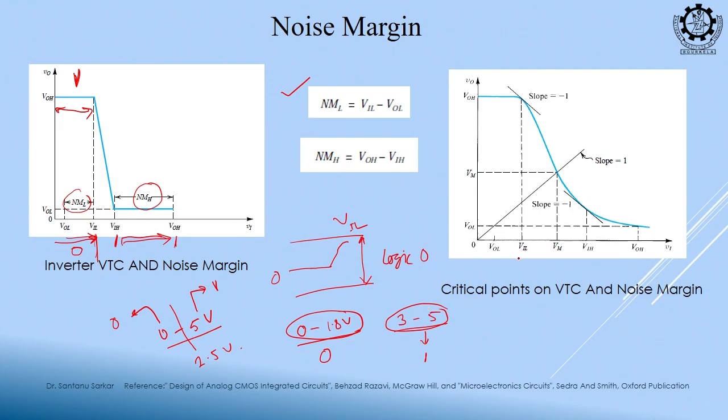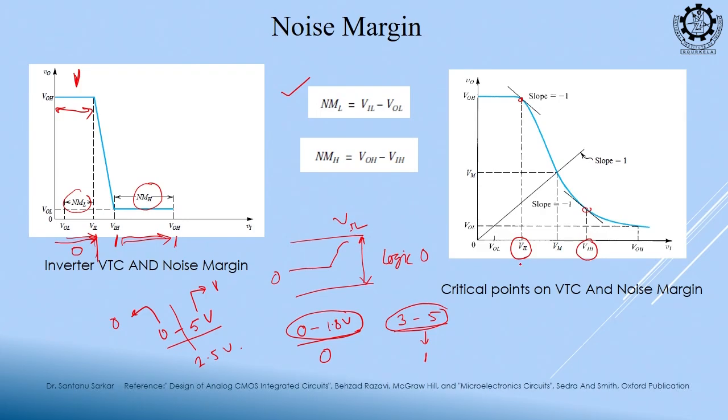So, now how to define this VIL and VIH, V input low and V input high. When this VTC is falling, the point where the slope is -1 is termed as VIL, and when this VTC on the higher side is again going to flat, where the slope is -1, that is termed as VIH. Okay.